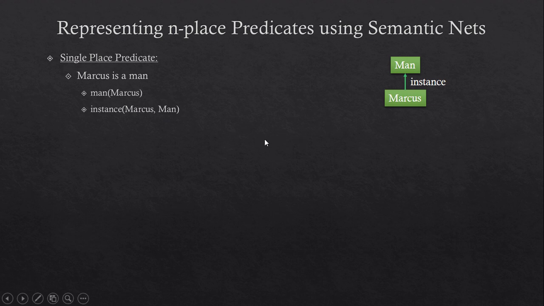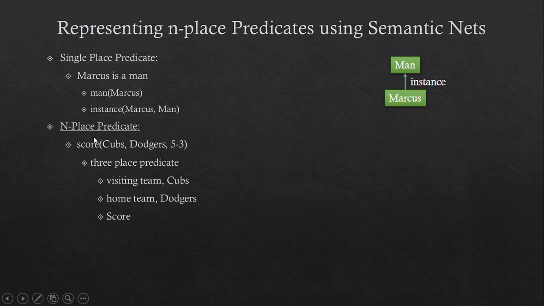Now, the way to handle a 3 or more place predicate is a little different. Consider the statement score(Cubs, Dodgers, 5-3). It's a 3 place predicate that gives the score in a game between the first argument, visiting team Cubs, the second argument, home team Dodgers, and the third argument, the actual score.